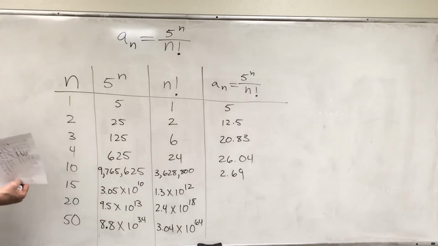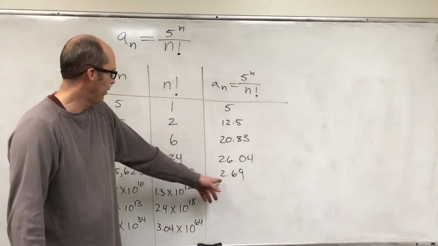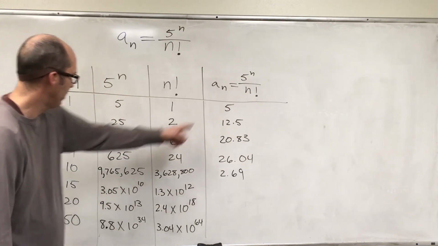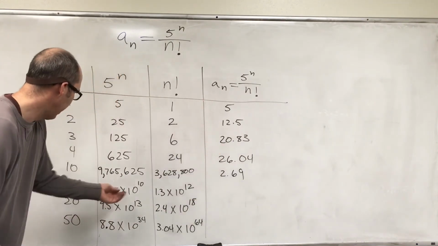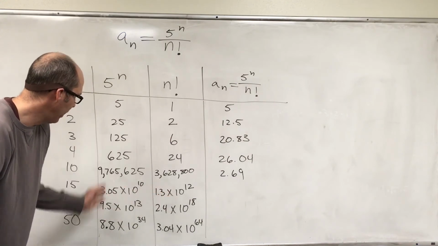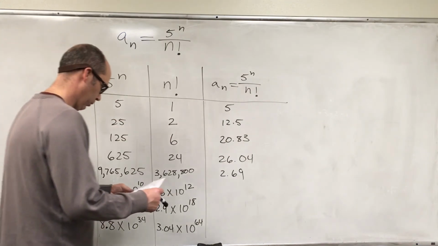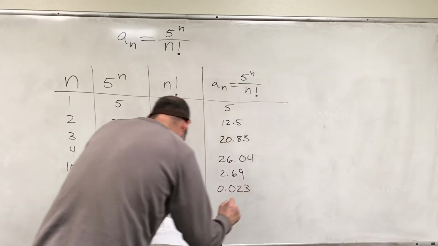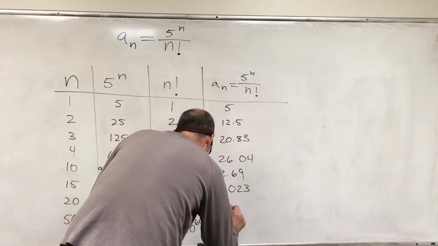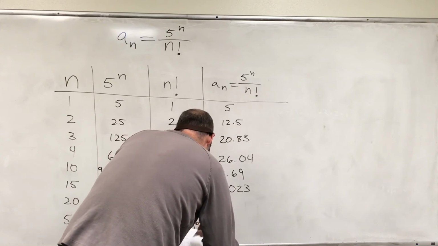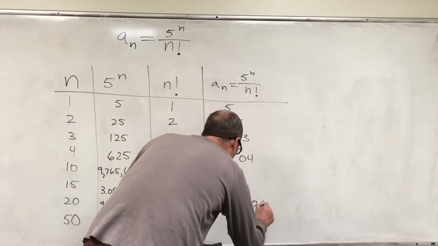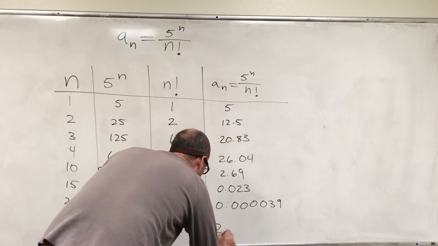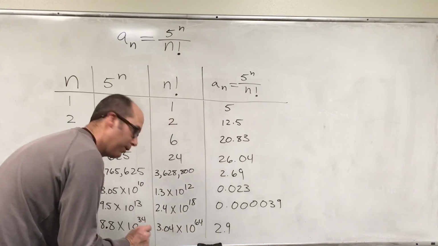So think what's going on there. These are all bigger than 1. That means that the top is bigger, because these are all bigger than 1. But as soon as the bottom gets bigger, we get less than 1. 0.023, and here, I can't even write all the zeros. I have to use scientific notation.